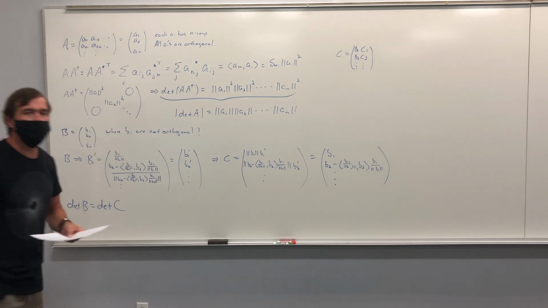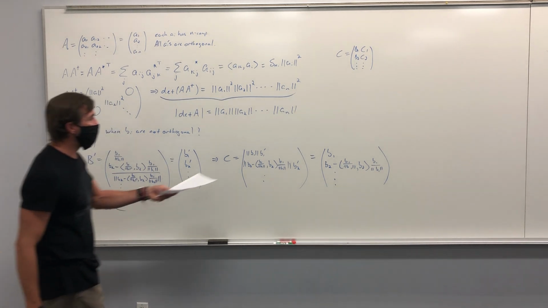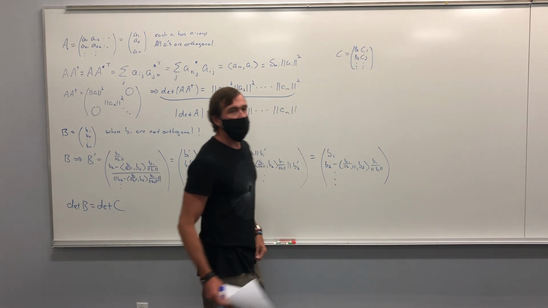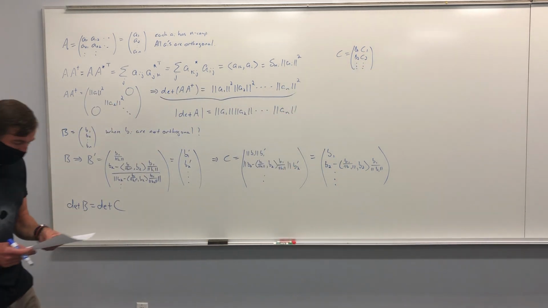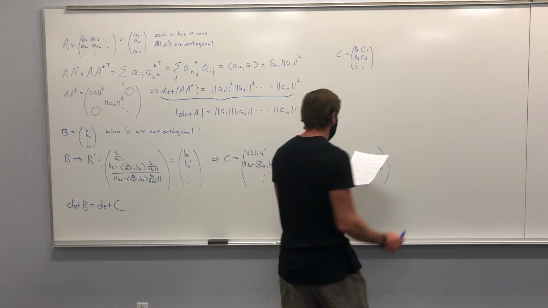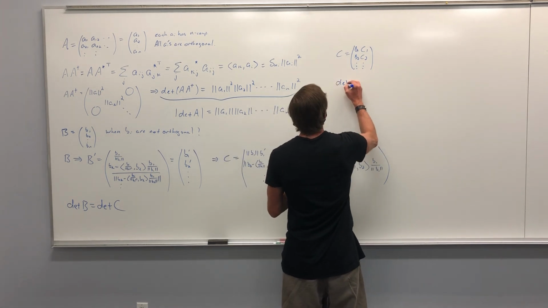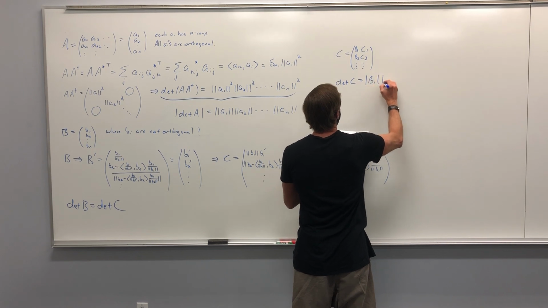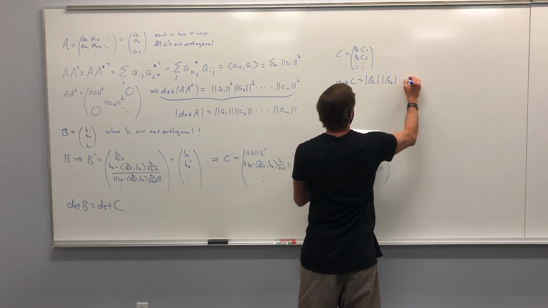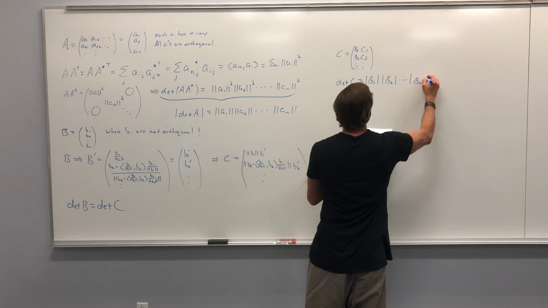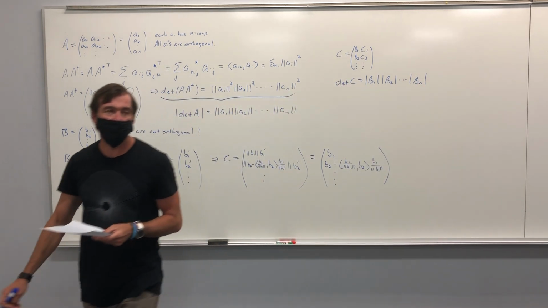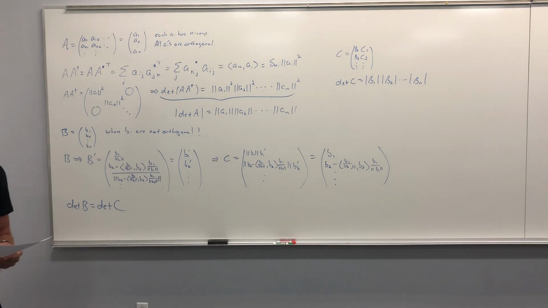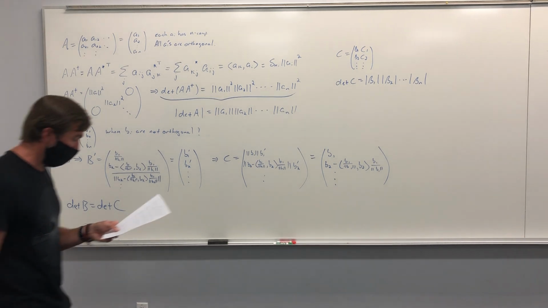So C is composed of orthonormal vectors, those are the B primes, I'll just call them C's, times these coefficients. And then if we take the determinant of C, we end up with nothing but a product over all of those coefficients, because the C1, C2 vectors are all orthonormal. Okay?